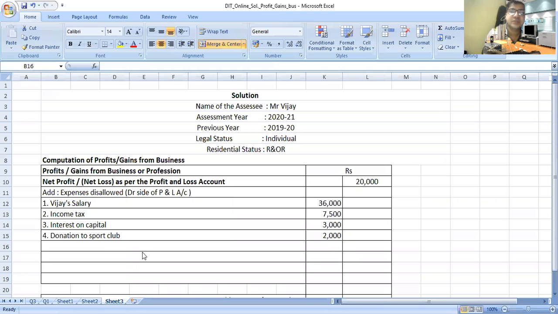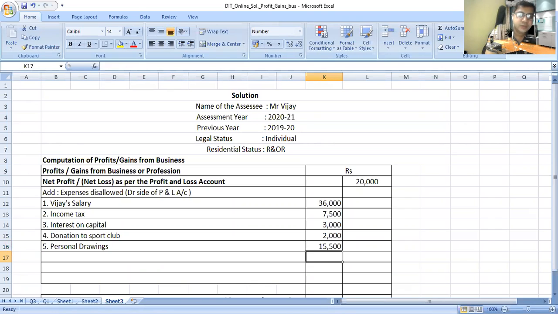Personal drawing is disallowed, and we should add it to the net profit. The personal drawing value provided is 15,500.